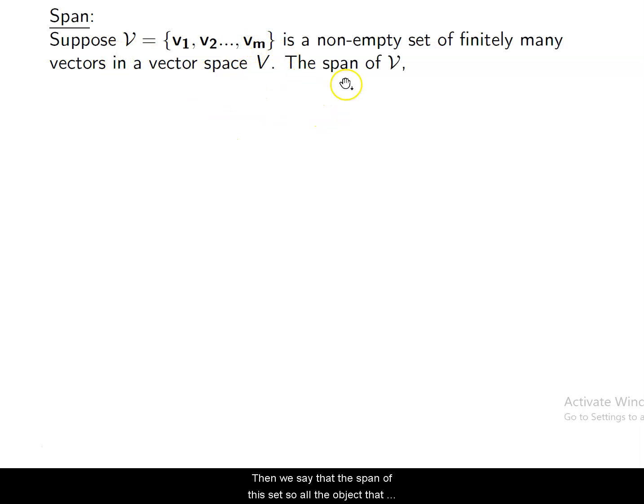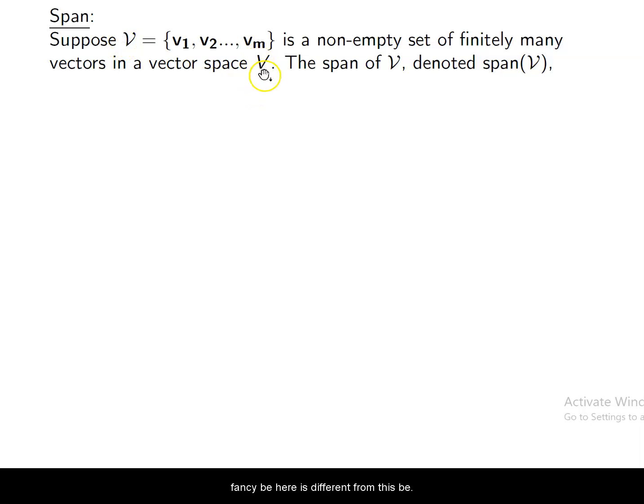Then we say that the span of this set, so all the objects that this set can generate by adding them together in linear combinations, is denoted as the span of V. Notice that this fancy V here is different from this V. This is just a set of objects inside of this vector space.